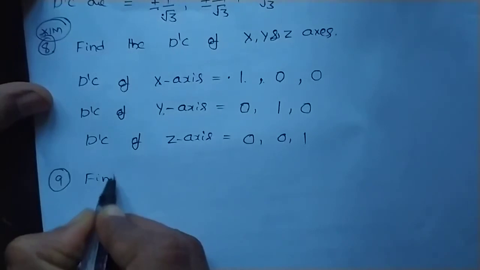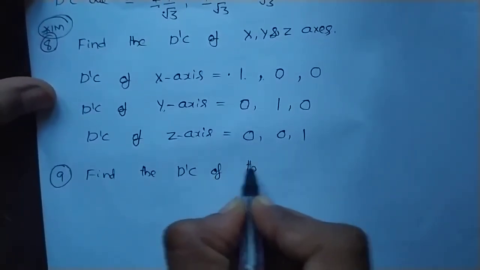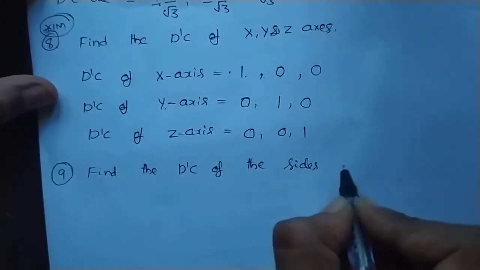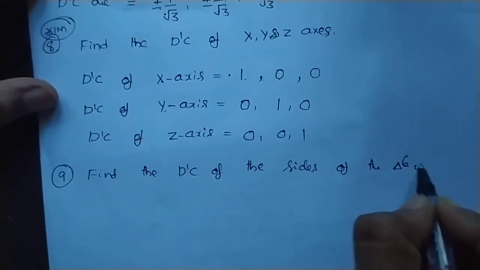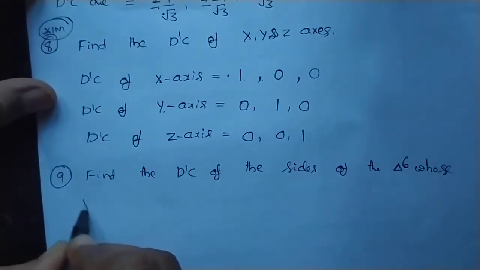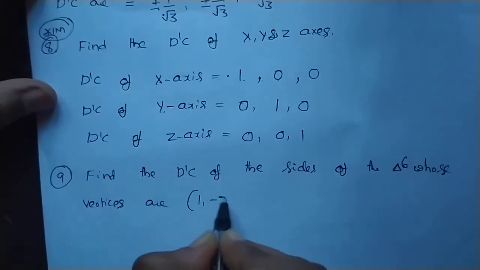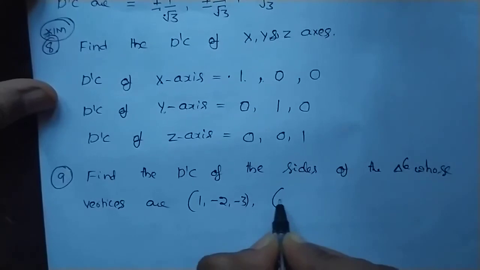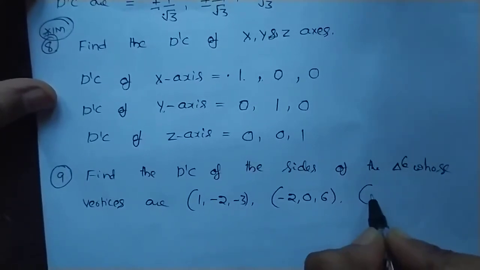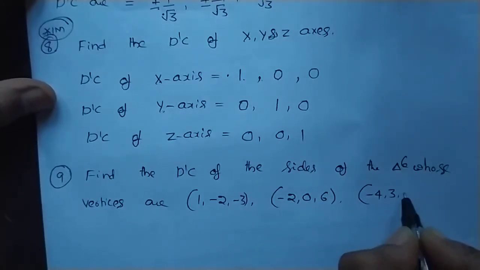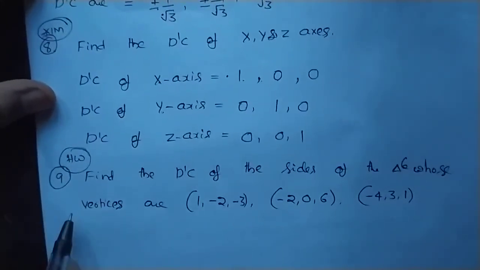Find the direction cosines of the sides of the triangle whose vertices are 1, minus 2, minus 3; minus 2, 0, 6; and minus 4, 3, 1. It is the homework problem for you.